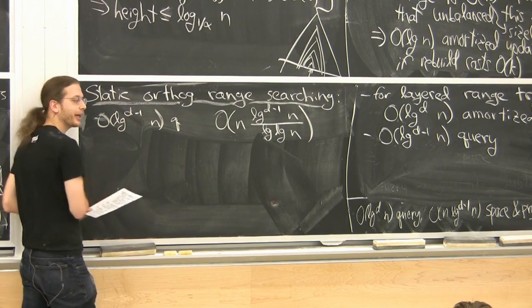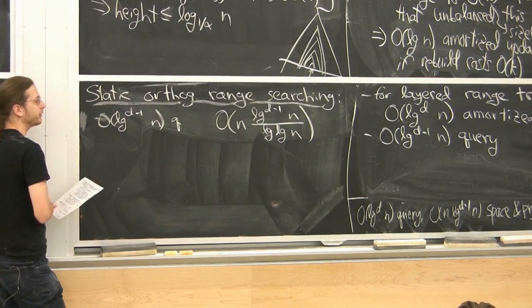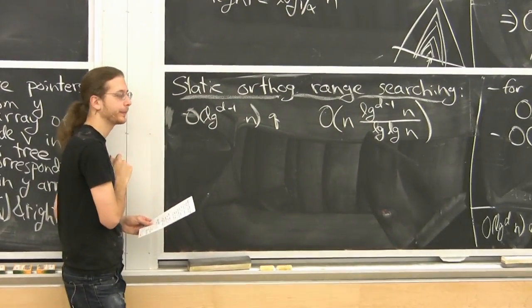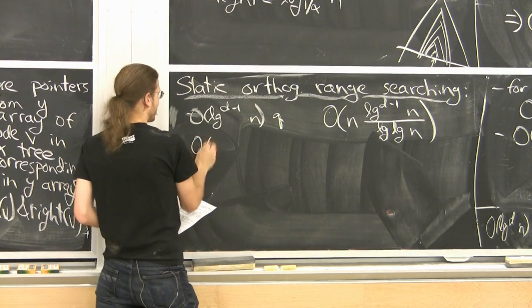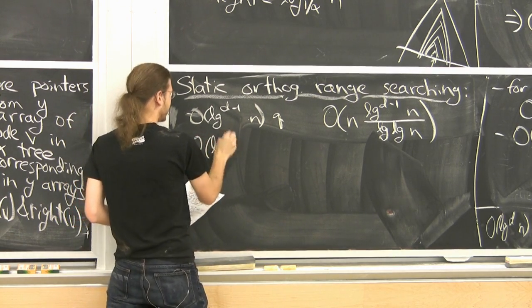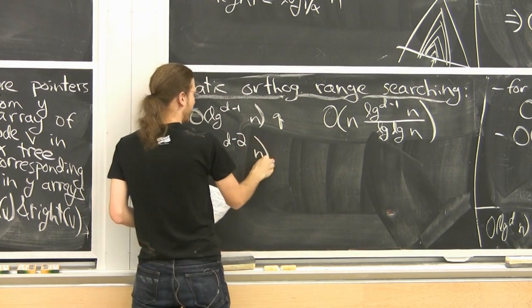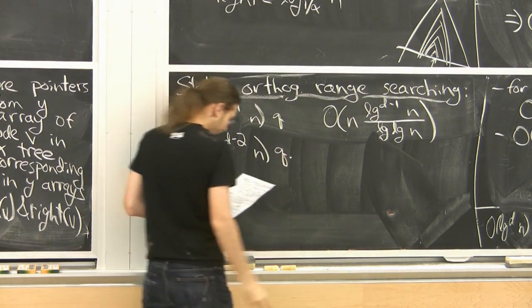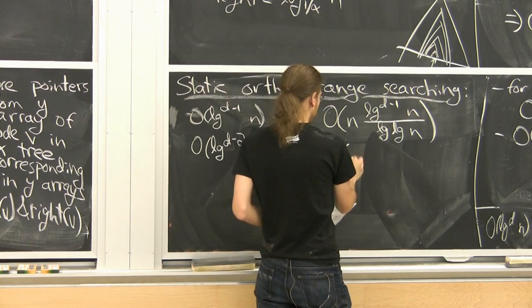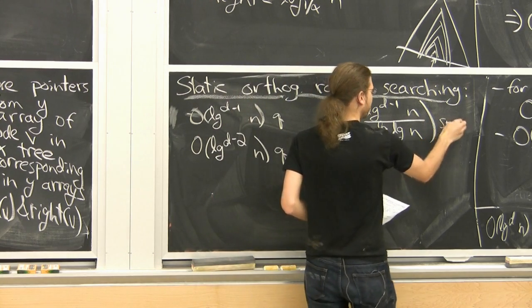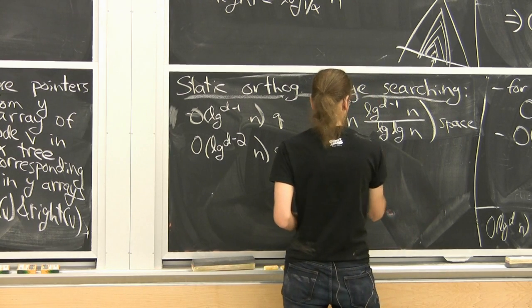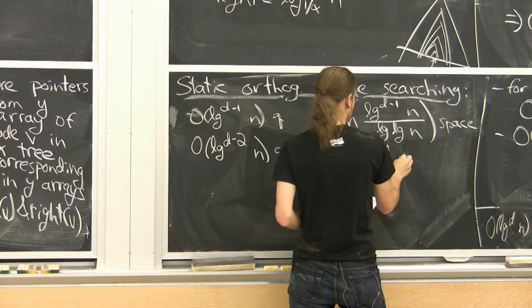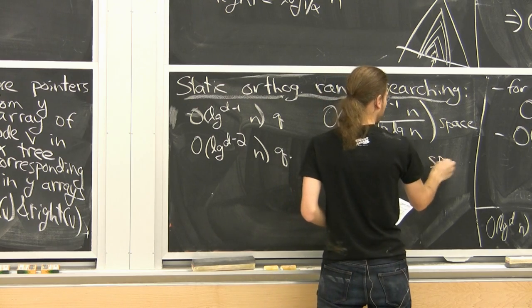Turns out this query time is not optimal. If you allow the space to go up a little bit, you can get another log improvement. So I can get log^(d-2) n query if I'm willing to pay n log^d n space.